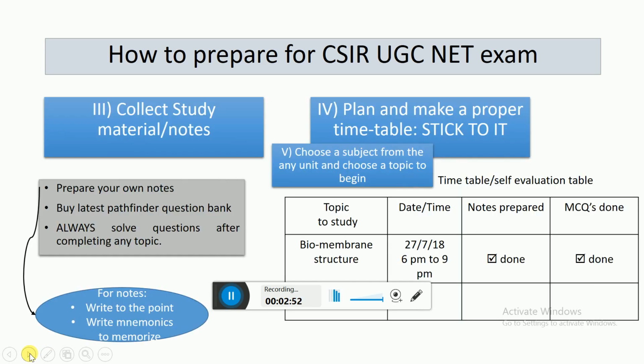Once you have downloaded the question papers and are going through them, you should then collect certain study materials, books, and notes from various institutes. But I recommend you prepare your own notes, and for preparing your own notes, you should always write to the point.